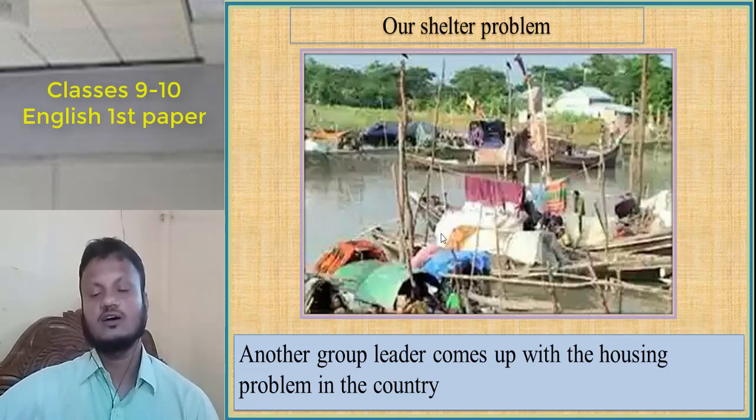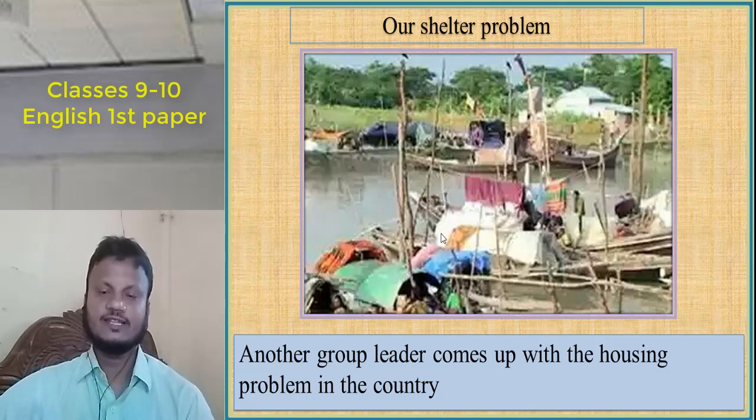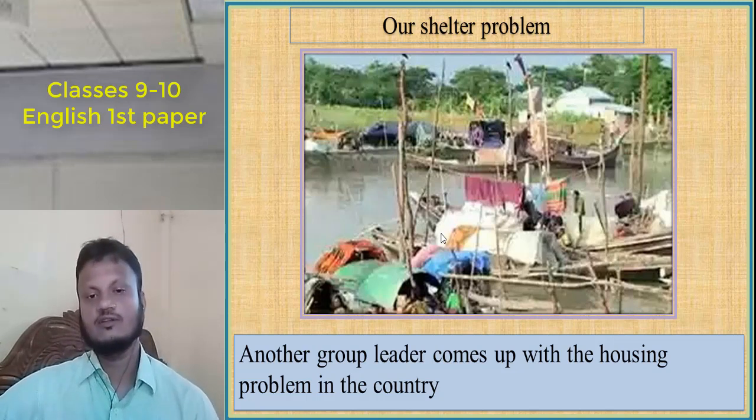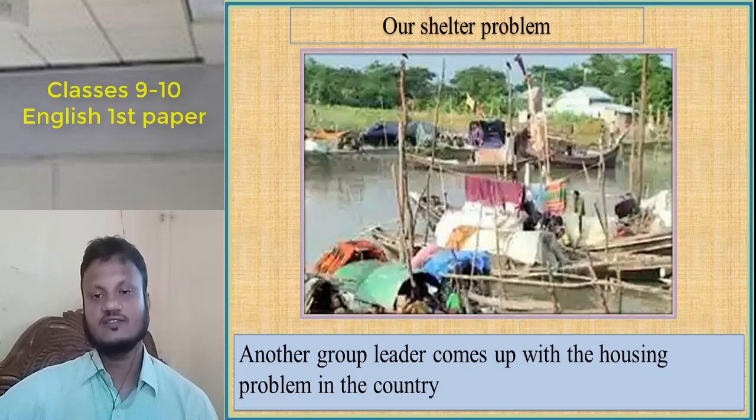So there are two group leaders. One group leader discussed in the passage our food problem, and another group leader discussed our shelter problem. Here is the shelter problem. Okay, so what is happening?